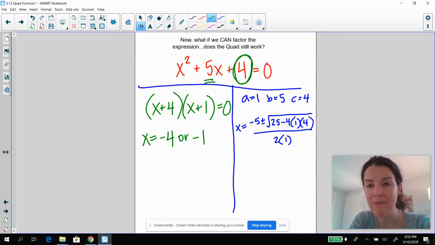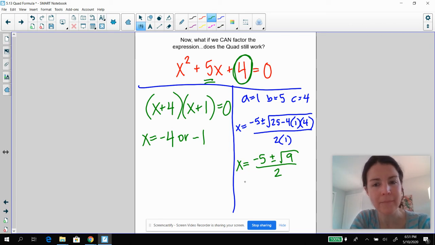This 25 minus 4 times 4, 25 minus 16 is 9. So look what happens. X equals -5 plus or minus the square root of 9 divided by 2. And what's the square root of 9? 3. So x equals -5 plus or minus 3 over 2.